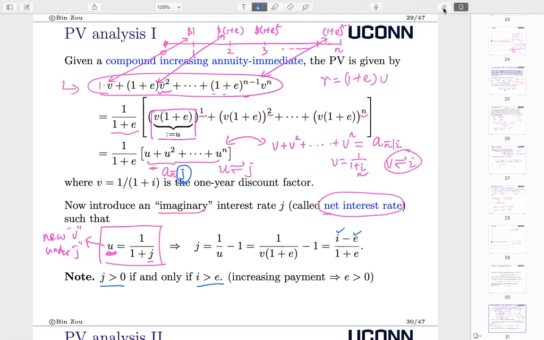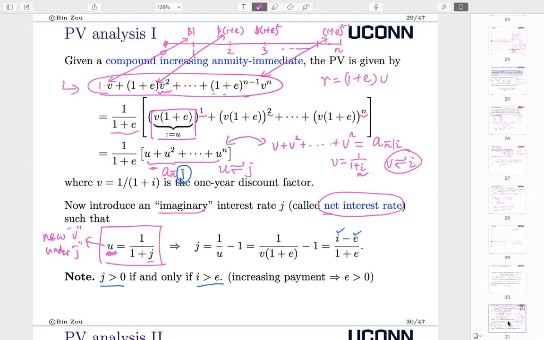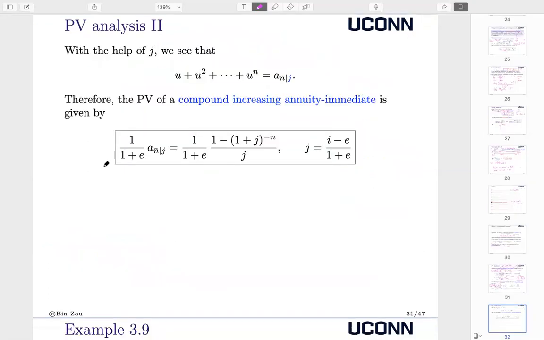So from here, basically to this step, we already derived the present value, right? So we just need to sum everything up. Inside part is a new annuity immediate. And then the rest is, well, you just need to times by this factor 1 over 1 plus e. And then we can write it out next.